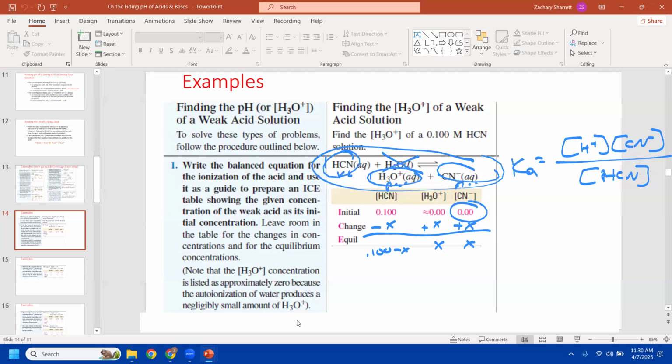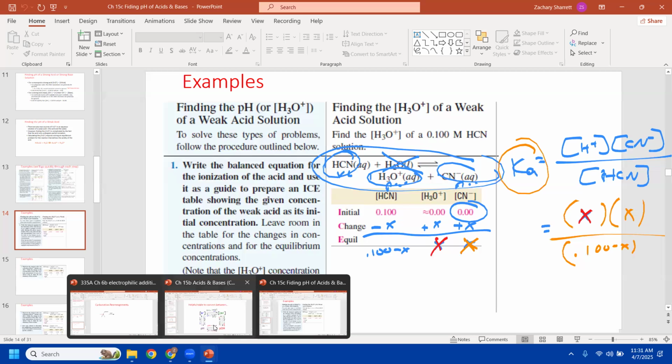Okay. So I'm going to put in these values. X, so let me color code this. This X is from the H3O plus. This X is from this one, and it's all divided by 0.1 minus X. And that equals Ka. Do you think there's a value of Ka somewhere?